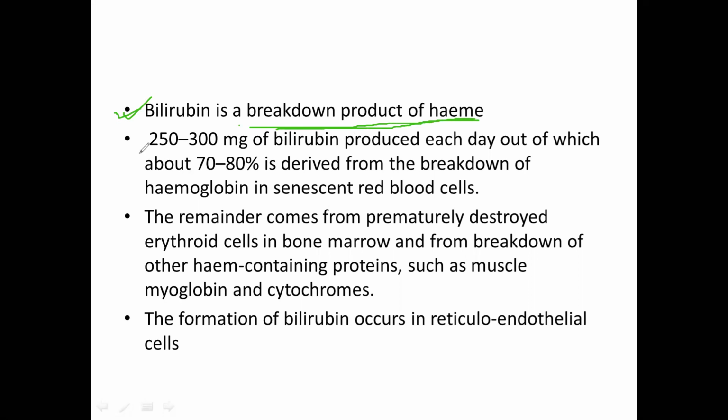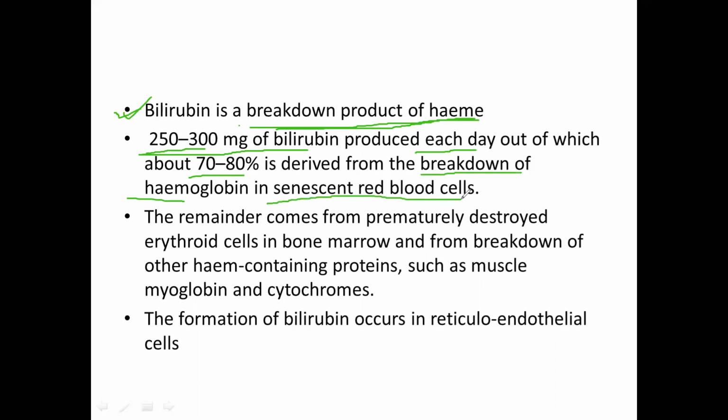In a healthy individual, nearly 250 to 300 mg of bilirubin is produced each day. Out of this 250 to 300 mg, nearly 70 to 80% of bilirubin is derived from breakdown of hemoglobin in senescent red blood cells.